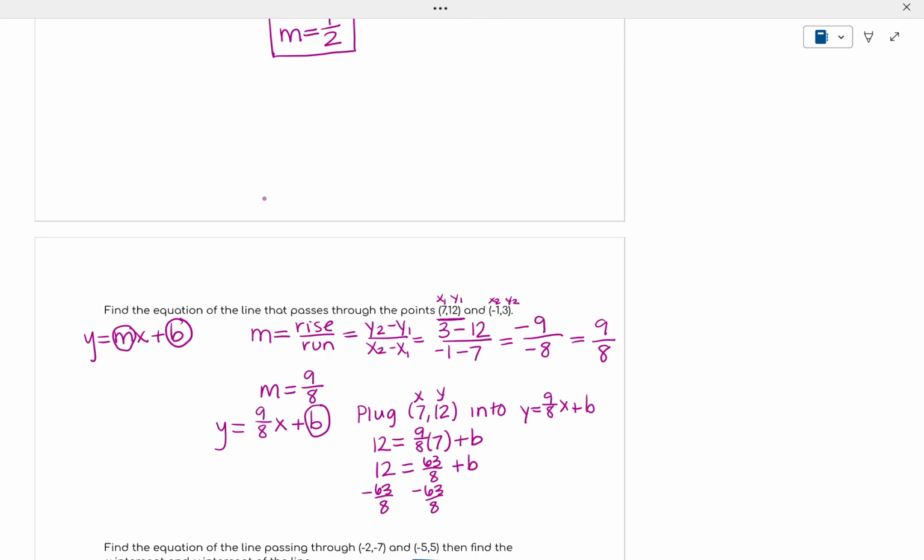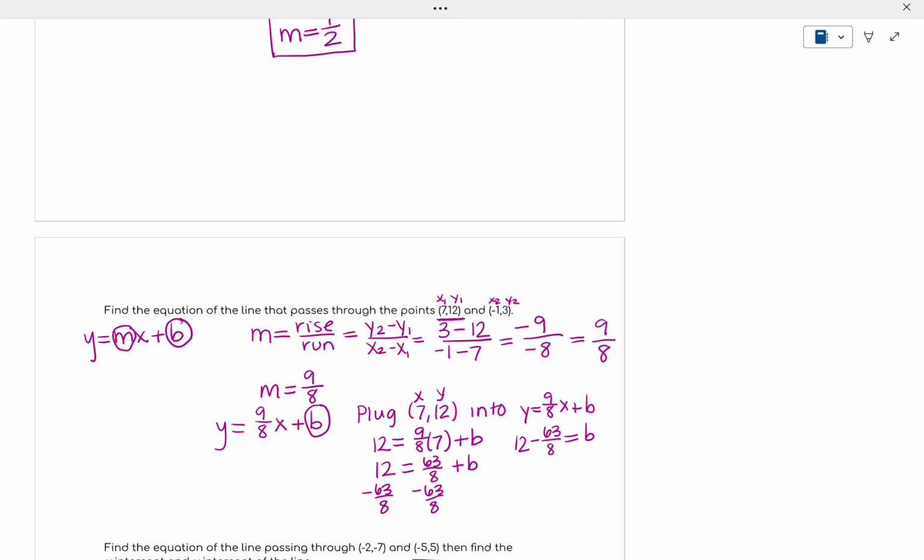So if we have 12 minus 63 over 8 equals b. In order to add these two numbers together, we have to make 12 into a fraction.